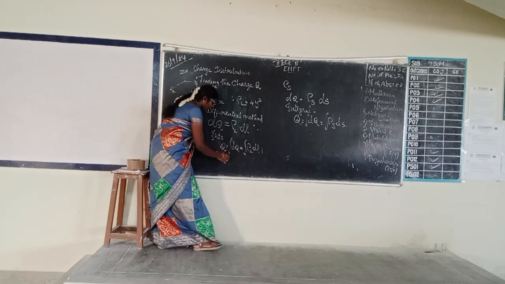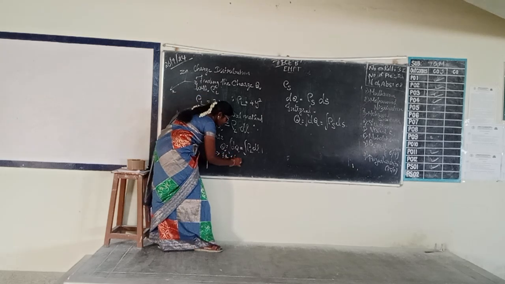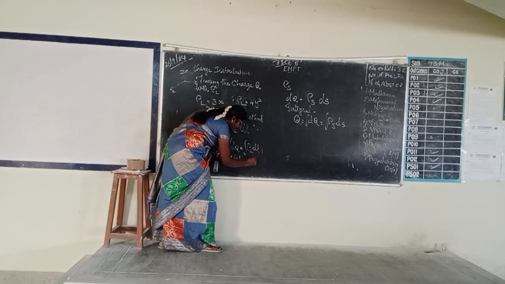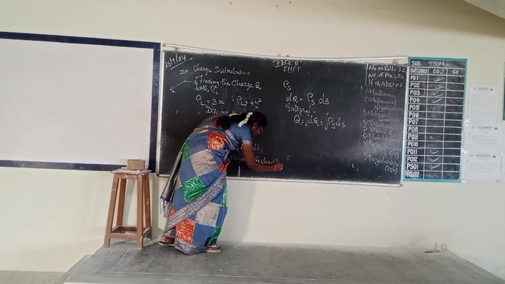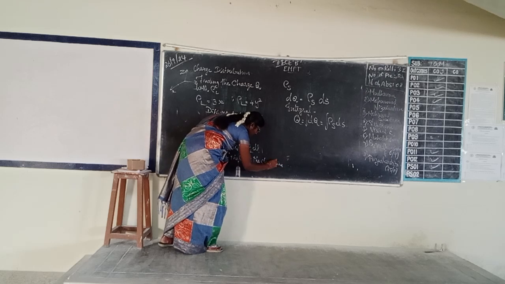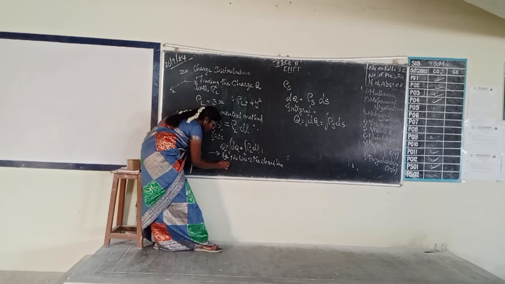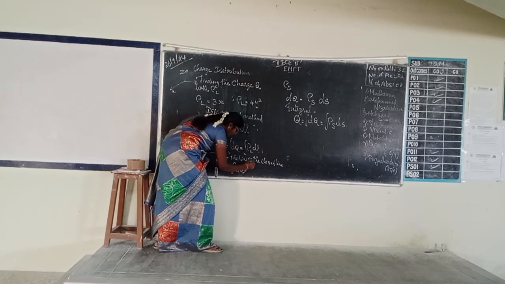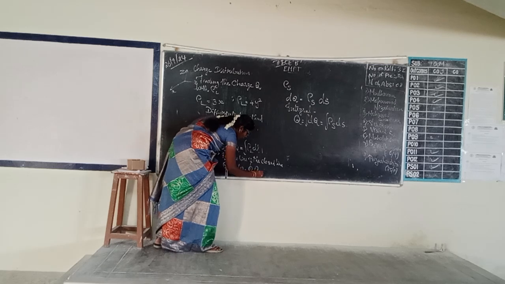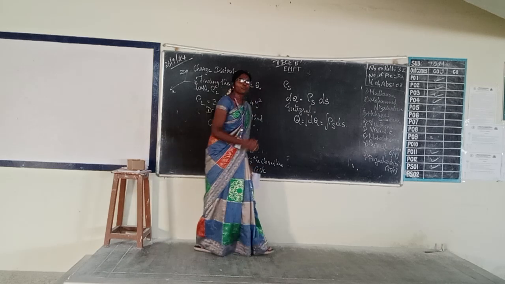So you have to write, if the line is a closed line, then Q is equal to the closed integral of dQ, equal to the closed integral of rho l dl.